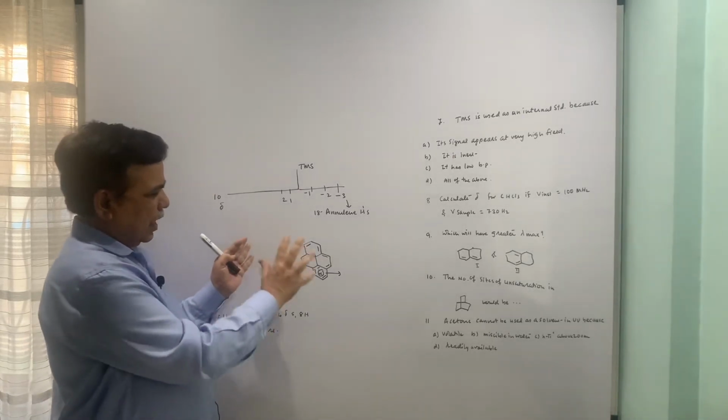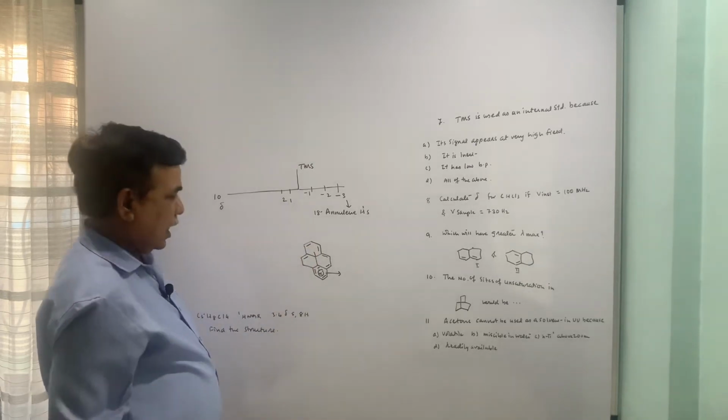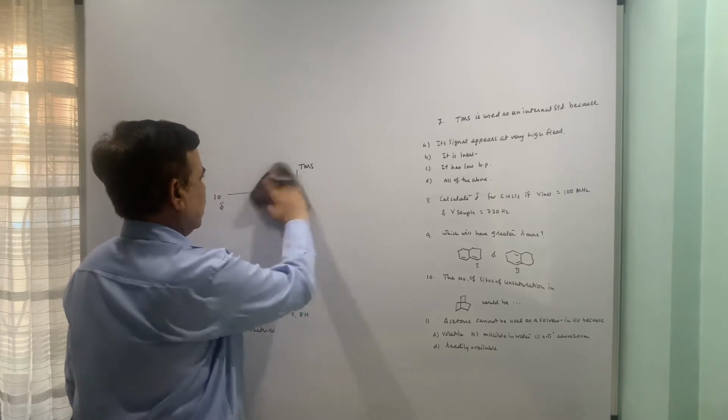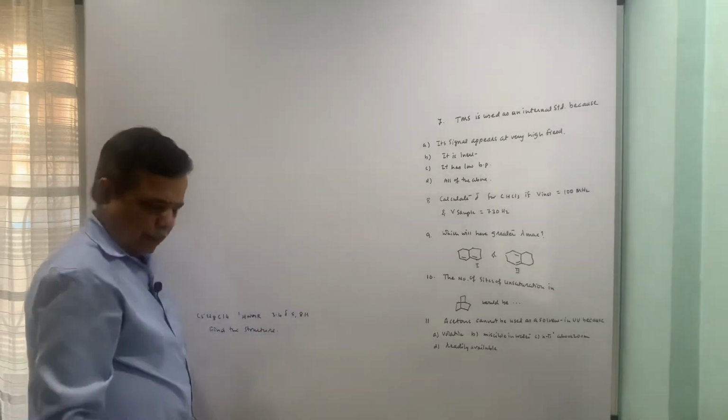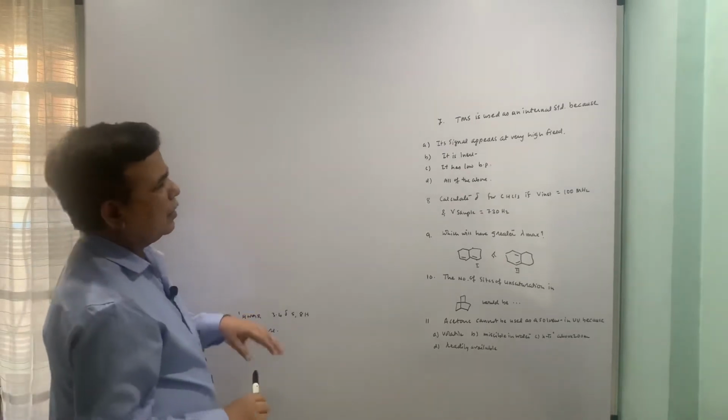It is flanked by so many electrons and it is inside the ring. So this is also another example wherein you can see that it is going beyond TMS on the negative side.